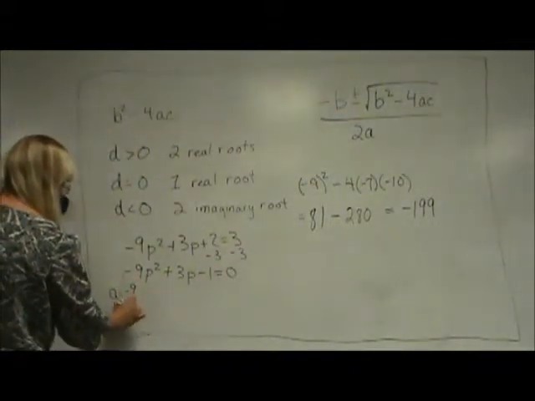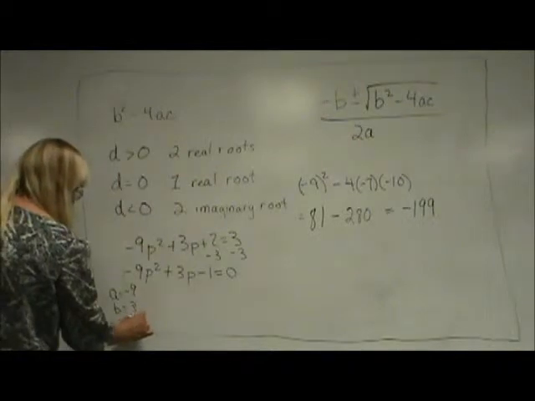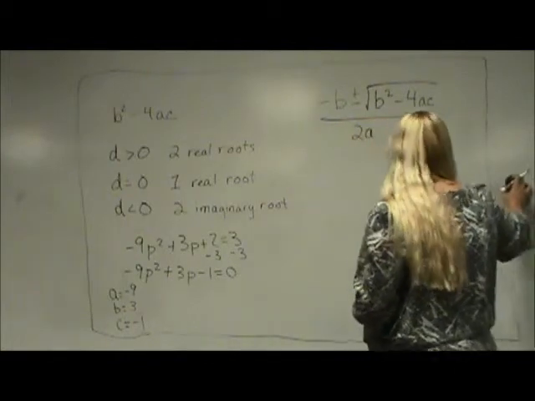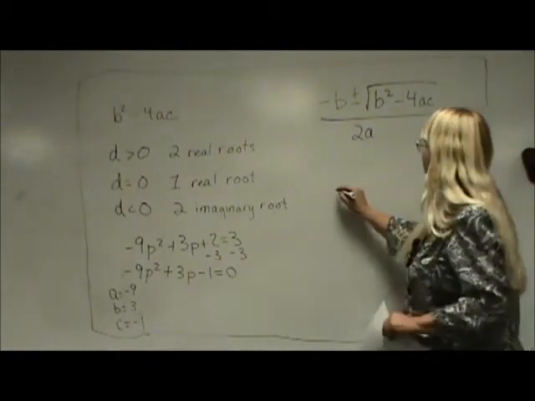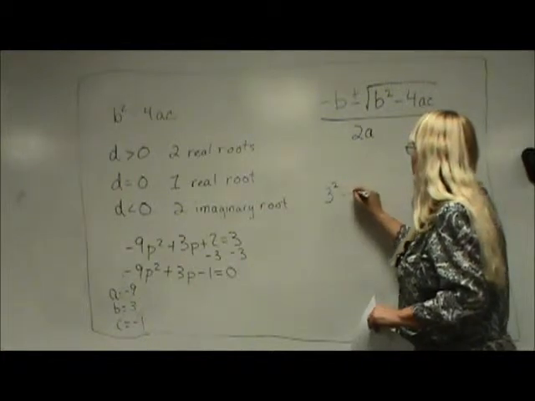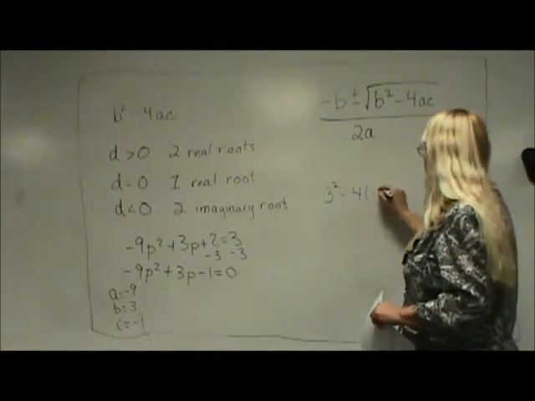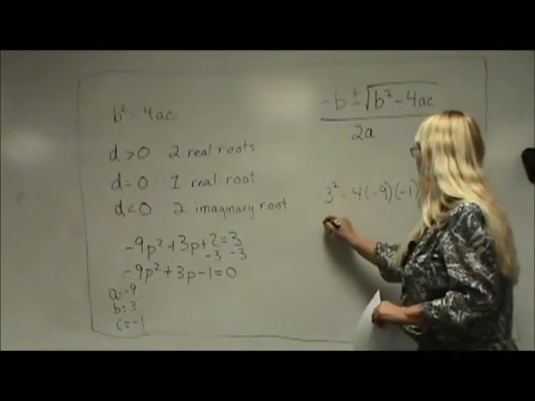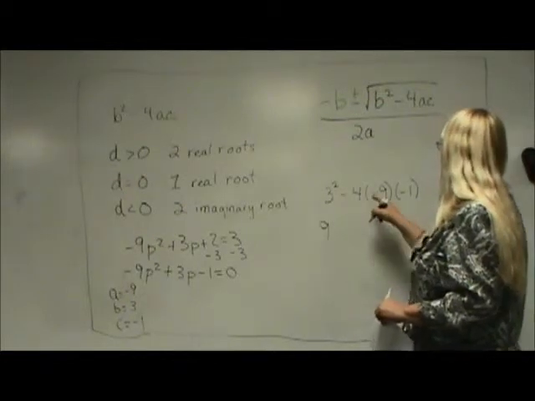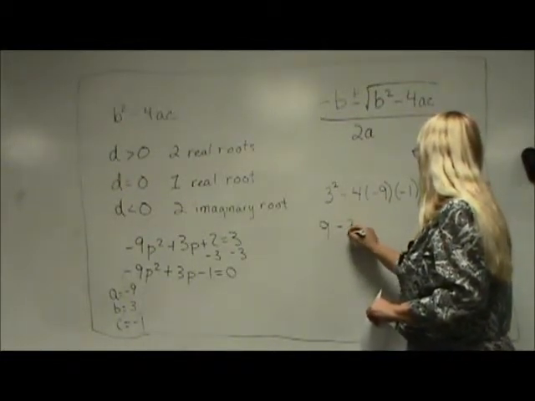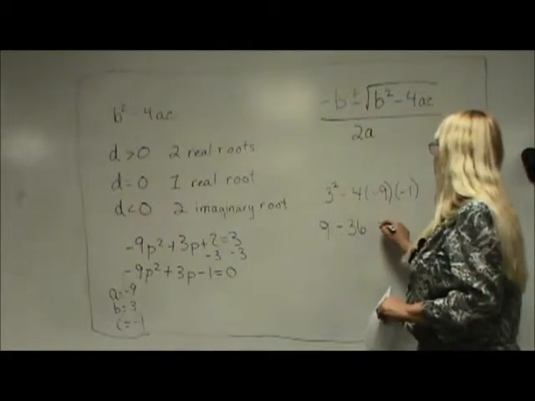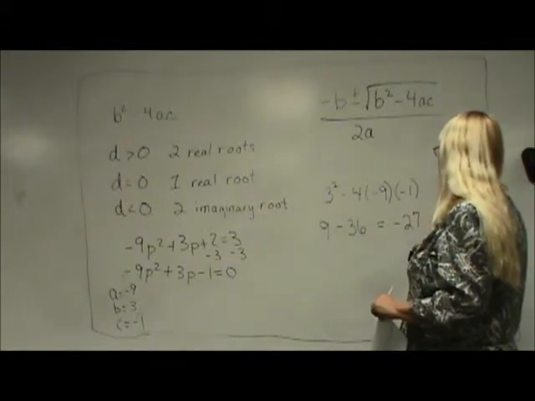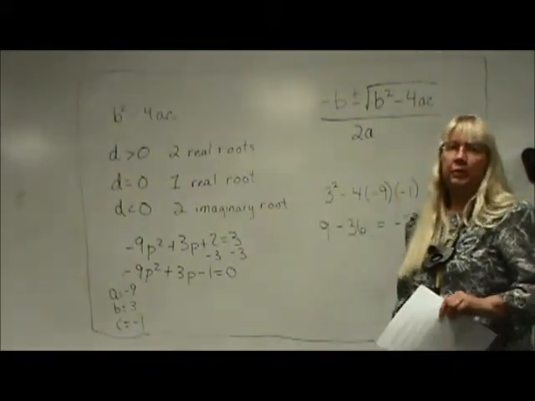Negative 9 for A, 3 for B, negative 1 for C. So I'll have 3 squared minus 4 times negative 9 times negative 1. Again, I'm going to end up with a negative here. So I'm going to have 9 minus 36, which will give me negative 27. Again, 2 imaginary roots.